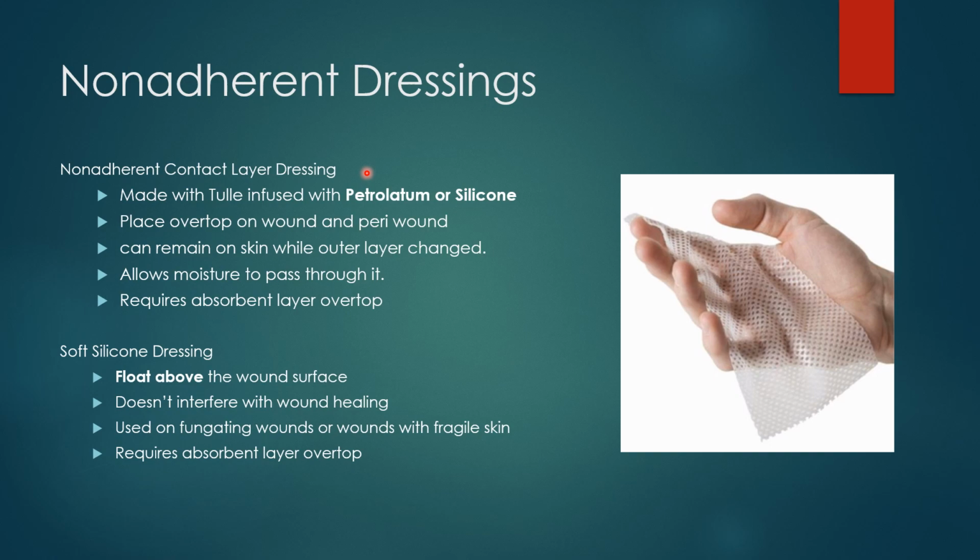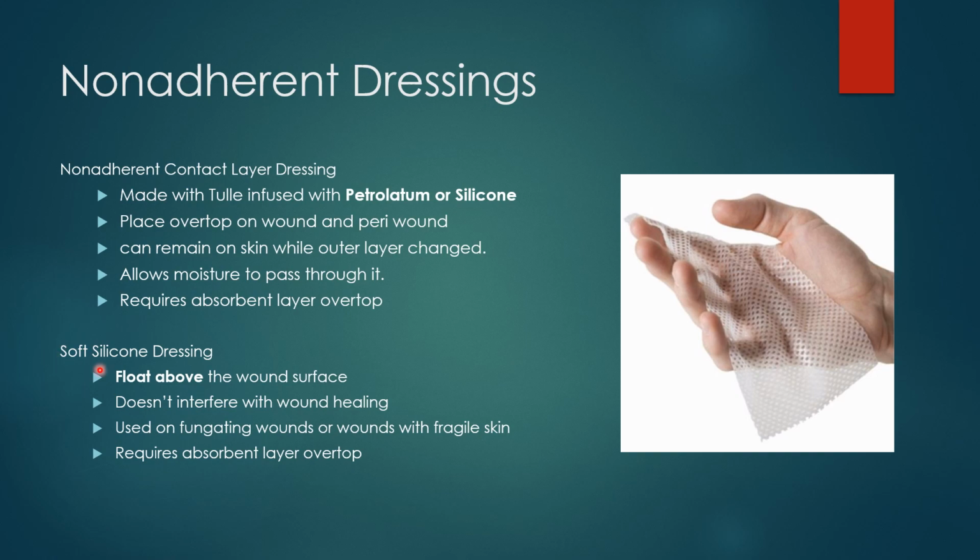These are placed on top of the wound and the peri-wound skin, which allows the skin to remain intact underneath. It allows moisture to pass through it, but it does require an absorbent top layer, as this dressing itself does not absorb anything. It's just a barrier or protection between the dressing and the patient's skin.